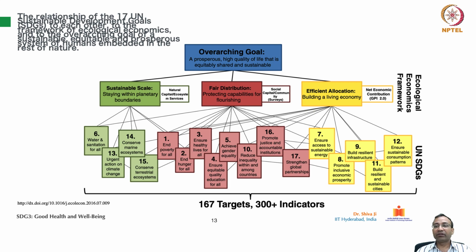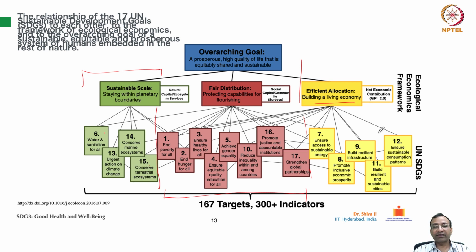Here also we have the relationship of these 17 SDGs to each other, how they are related. Okay, so a few are at sustainable scale. You can see with this green category we have 6, 14, 13, 15. Then the reds we have fair distribution, and then we have efficient allocation in the yellows, building a living economy.